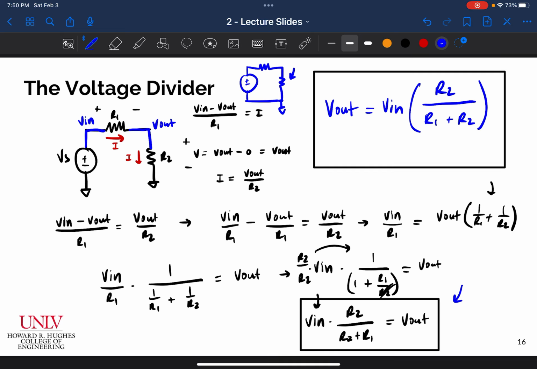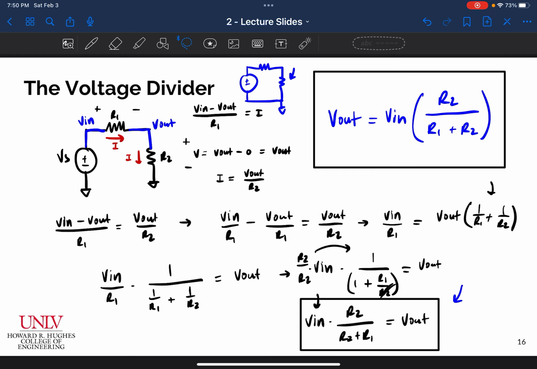That will always hold true. The voltage divider is one of the more fundamental DC circuits, has a lot of uses, all kinds of applications in circuits, and even in more complicated circuits, voltage dividers serve a huge role in setting bias voltages and all these very interesting things in more complicated applications. So definitely want to memorize this formula.